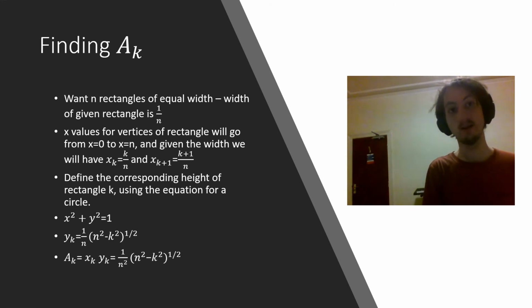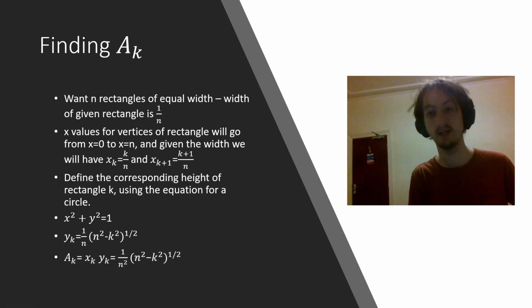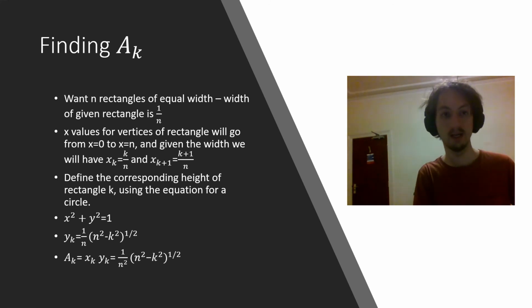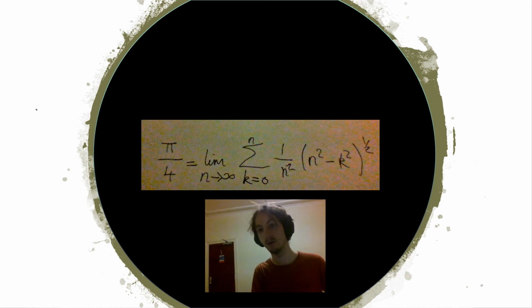And now we can find the area of the kth rectangle, so that's just the product of the height and the width of the rectangle. The width is 1 over n, the height is given by our equation for y subscript k, and therefore the area is as shown on the screen. And essentially the value of pi over 4 is then just the limit of the summation of these areas as n, so our upper limit for the number of rectangles, goes to infinity, which is essentially the equation here.